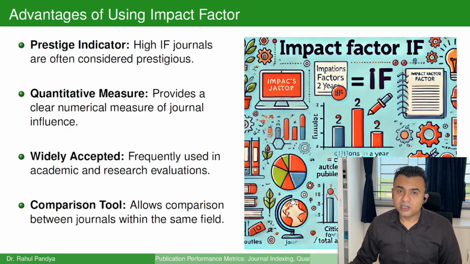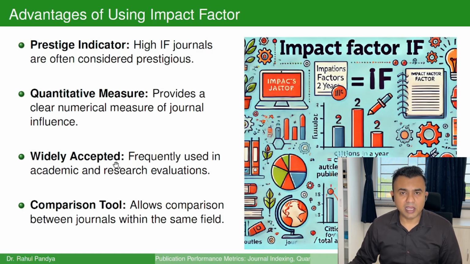There are advantages to using impact factors, such as it indicates the prestige of the journal. A high impact factor means it's a prestigious journal, and generally researchers consider it when deciding where to upload a paper, right? It gives a quantitative measurement and provides a clear numerical measure of a journal's influence, and it is widely accepted.